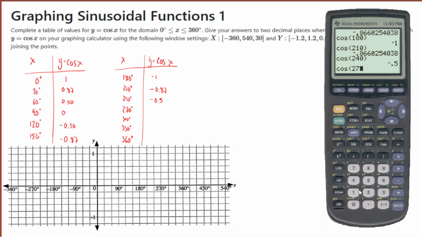Cosine 270 degrees is 0. Cosine 300 degrees is 0.50. Cosine 330 degrees is 0.87. And then finally, cosine of 360 degrees is positive 1.